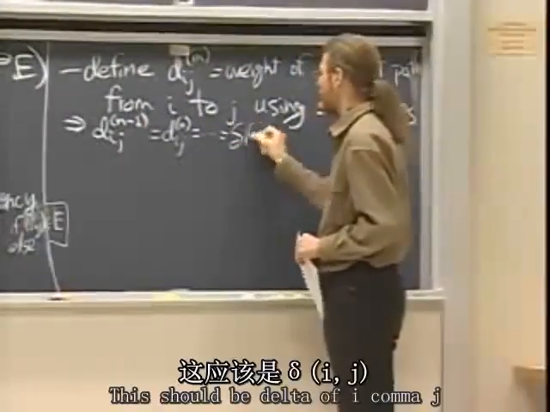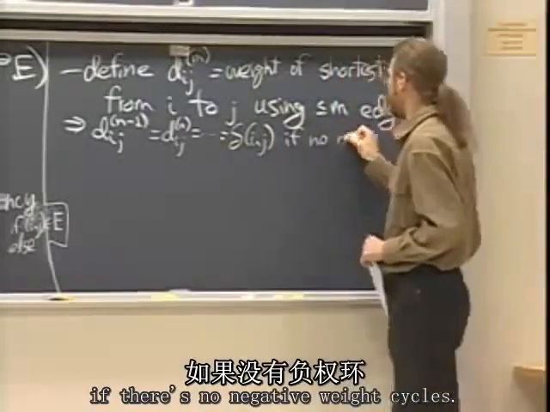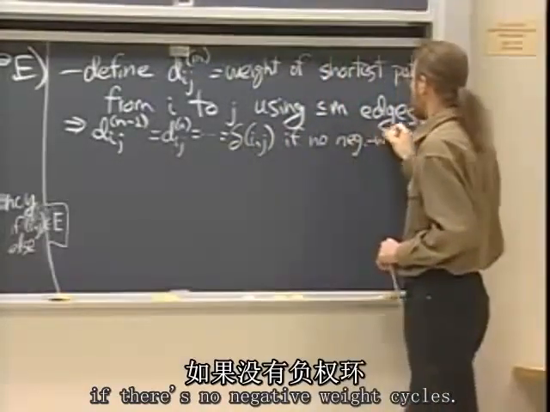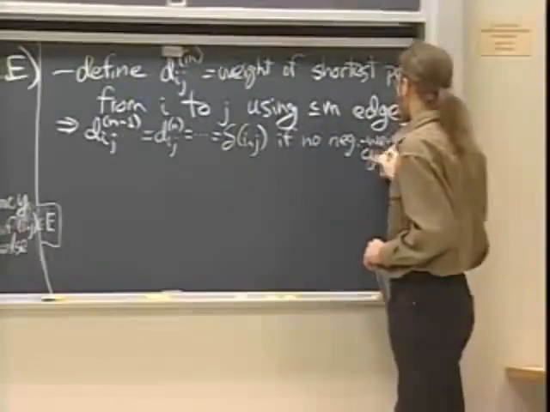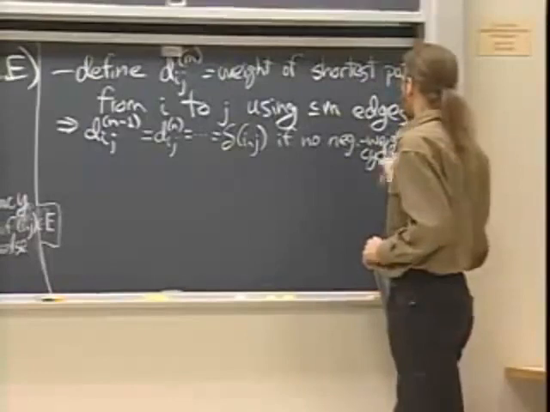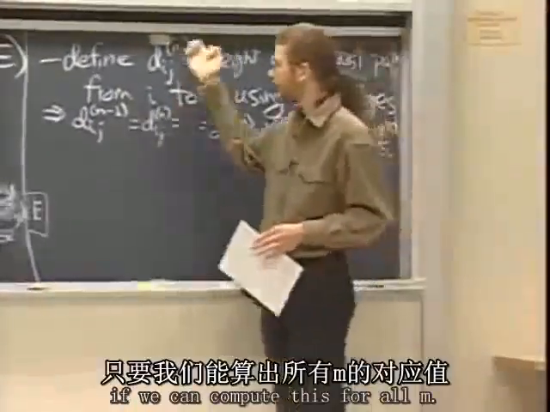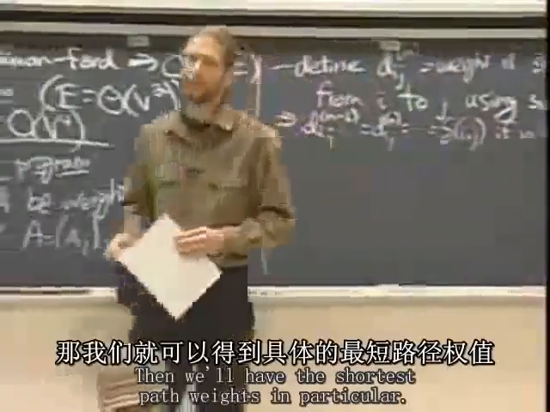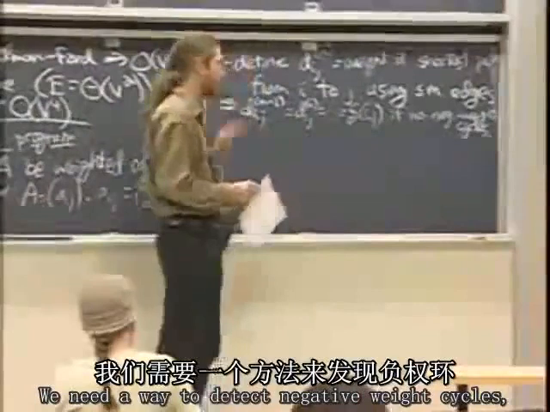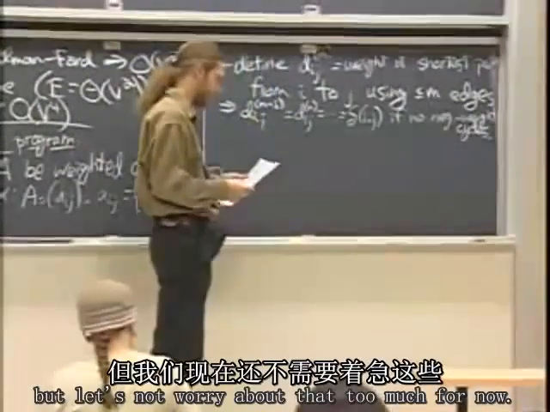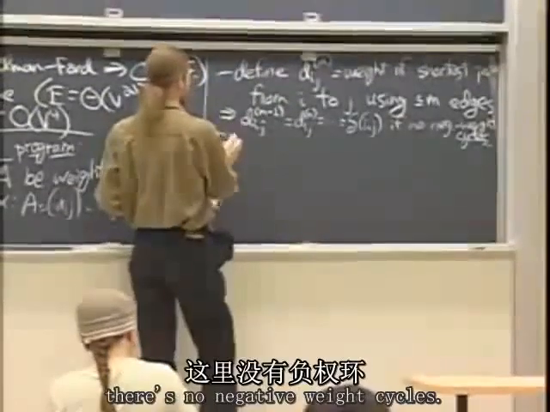This should be delta of i comma j if there are no negative weight cycles. Okay, so this feels good for dynamic programming. This will give us the answer. If we can compute this for all m, then we'll have the shortest path weights in particular. We need a way to detect negative weight cycles, but let's not worry about that too much for now. There are negative weights, but let's just assume for now there are no negative weight cycles.